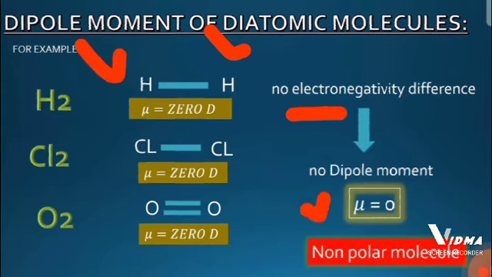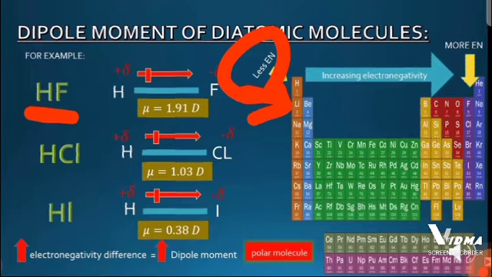Now see the diatomic molecules which are made up of two different atoms, for example hydrogen and fluorine. In the periodic table, hydrogen is present in group 1 with less electronegativity, whereas fluorine is present in the 17th group. It has more electronegativity, because electronegativity increases across the period from left to right, because of decrease in atomic size and increase in nuclear charge.